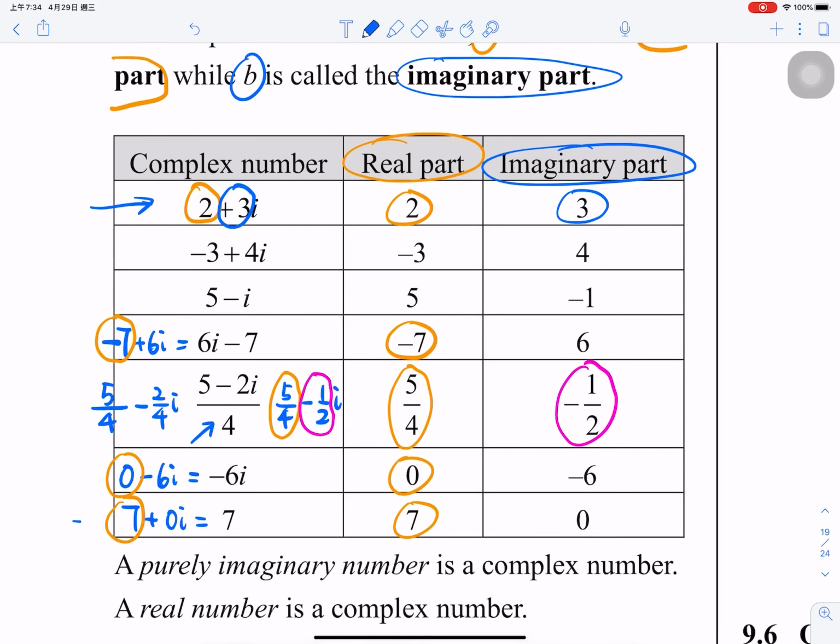And we say that this one actually is a real number, not an imaginary number. Well, one more word, purely real. At the same time, here is purely imaginary.